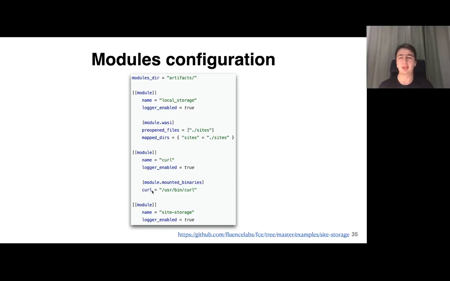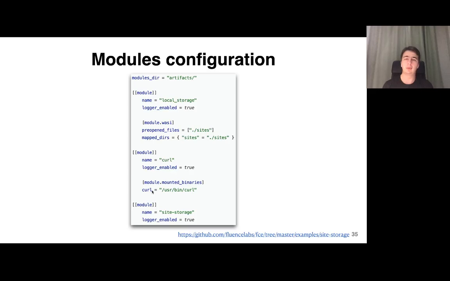Moreover, WASI doesn't support now such features like sockets, or, for example, APIs for asynchronous programming, and some operating system services also. So here is a way to work with such binaries, such programs that cannot be compiled to WebAssembly.